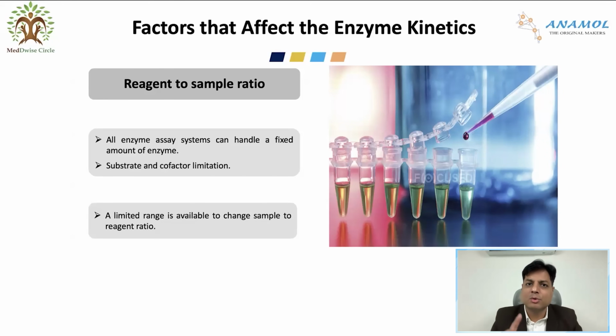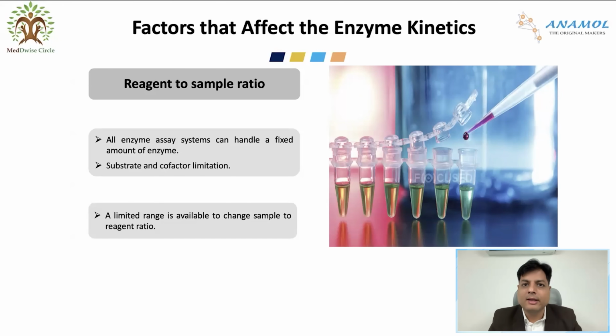Here the ratio means for every 1 ml of working solution, 50 microliter of sample needs to be added. So when we disturb this ratio, the speed of enzyme activity will be affected, in a way that this concept is called enzyme or substrate saturation.